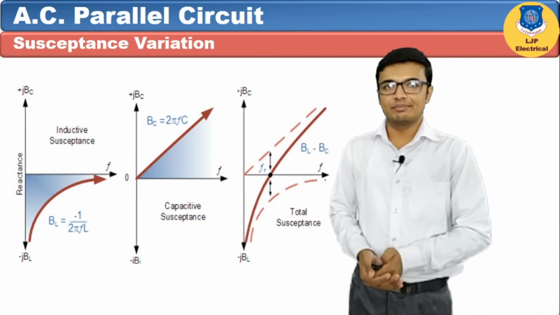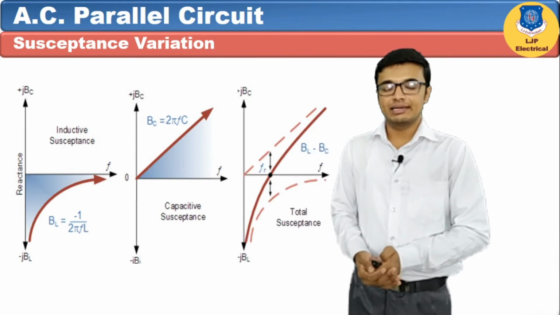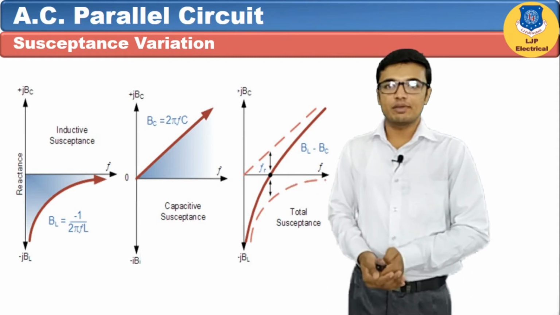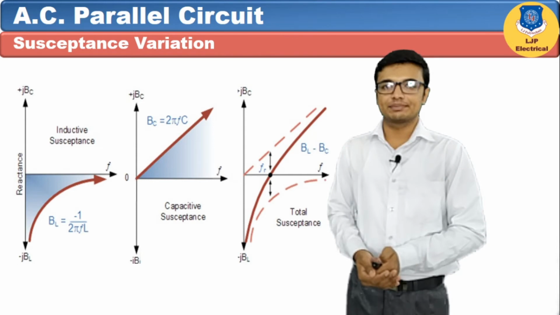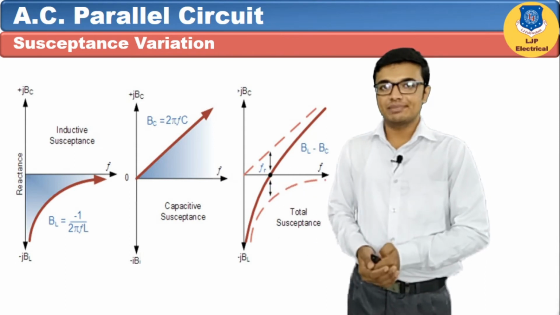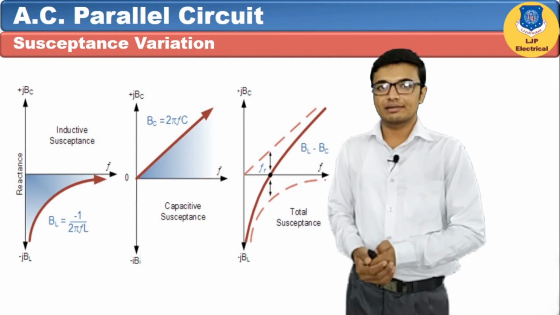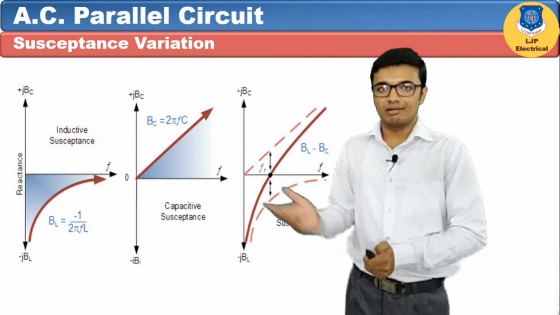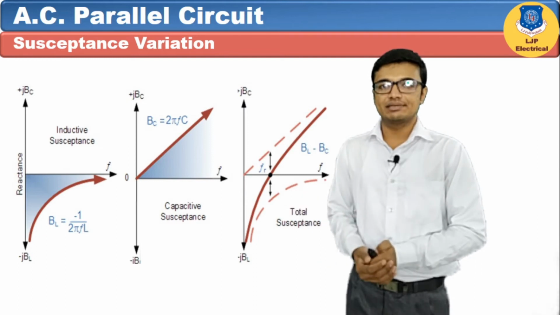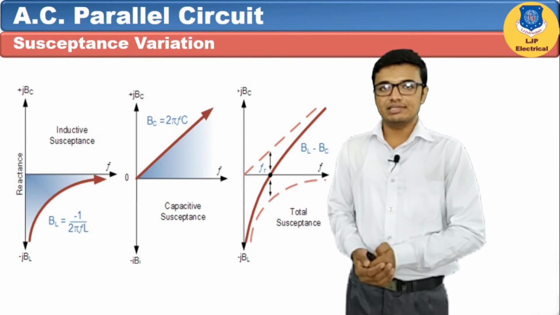And the next term is net susceptance. Net susceptance is indicated by capital B. Net susceptance is the difference of inductive susceptance and capacitive susceptance. The equation for net susceptance is BL minus BC. From the graph we can see that at the start, during zero frequency, the value of inductive susceptance is greater than capacitive susceptance, so net susceptance is very large.